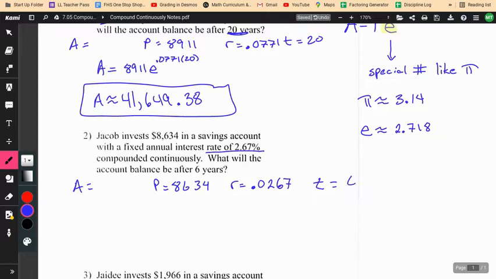And we have a time of 6 years. So again, we're trying to find the final amount. So I just plug in my initial amount times E raised to the power of 0.0267 times 6.